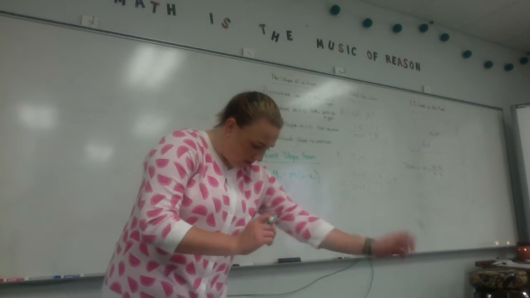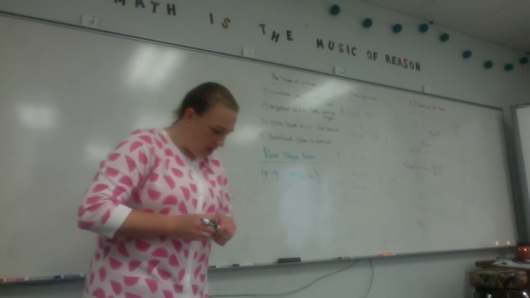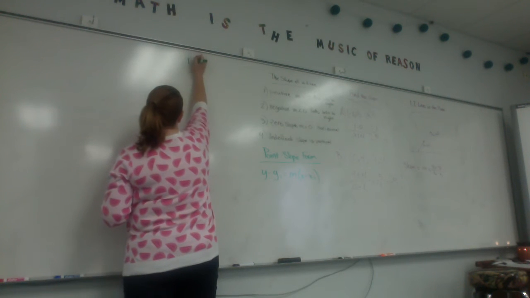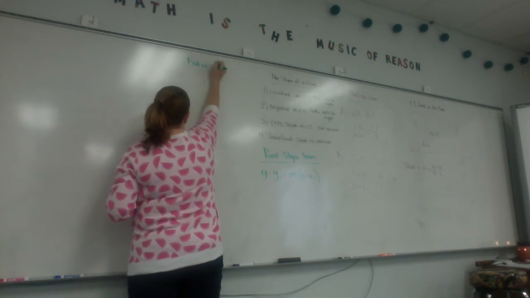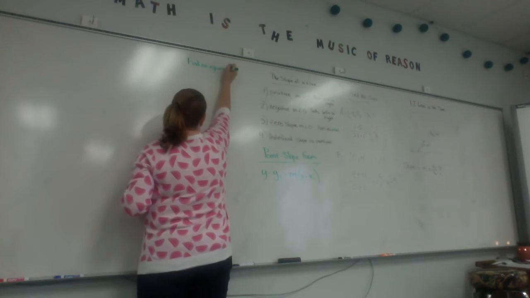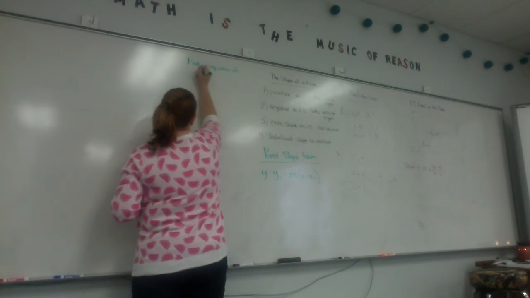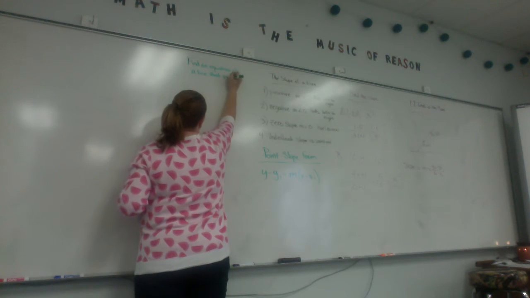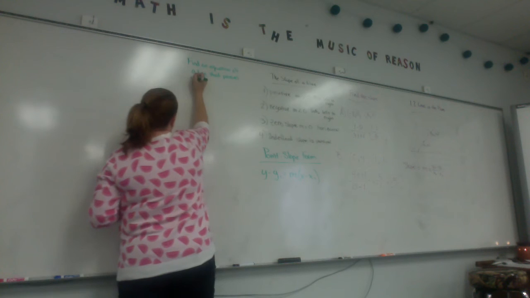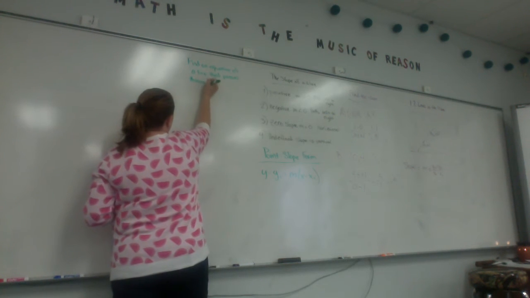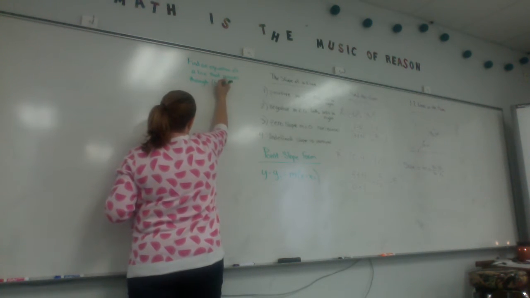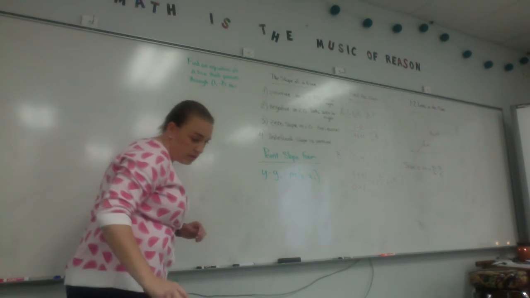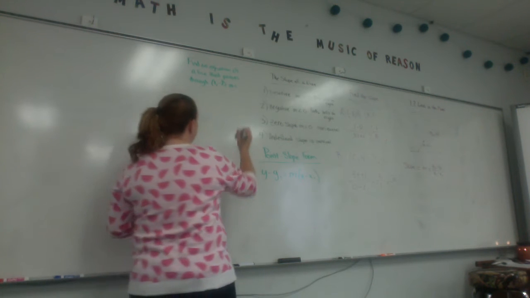It says find an equation of a line that passes through the point (1, -2) and has a slope of 3.